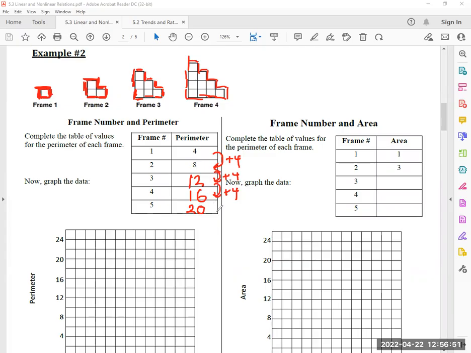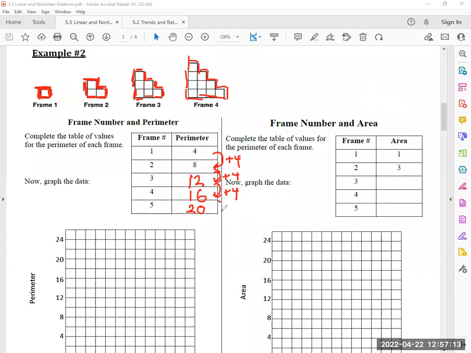What if I told you then, those of you who are more mathematically inclined, what would be my perimeter if my frame was 20? Whoa, I'm not going to ask you to do that, but if you had some time, do you think you could figure it out? That's what a relationship is. Let's continue on.